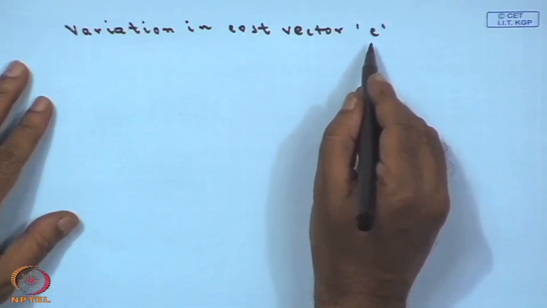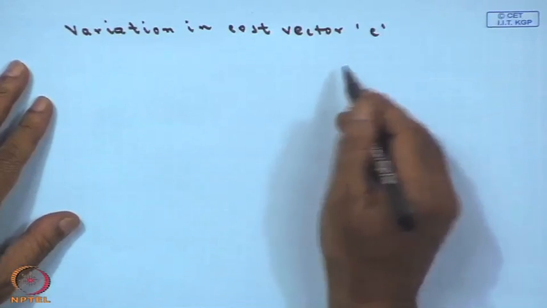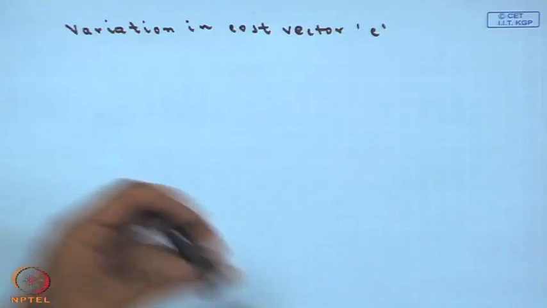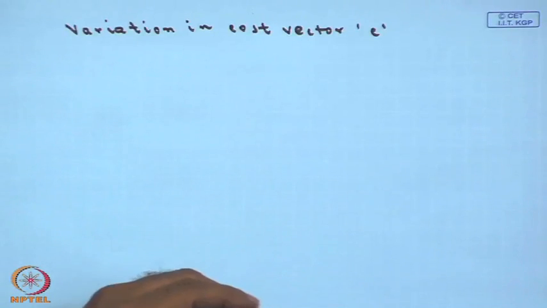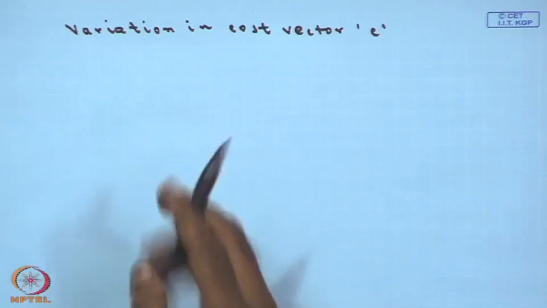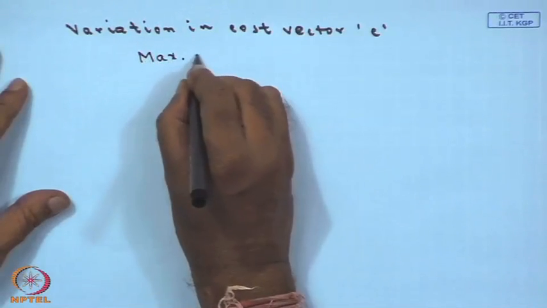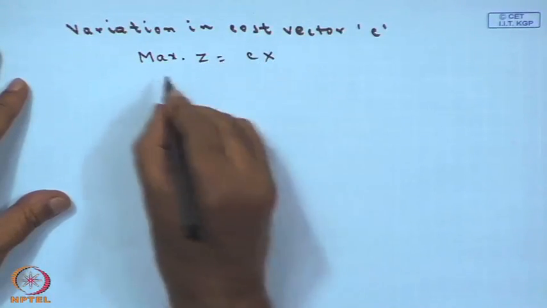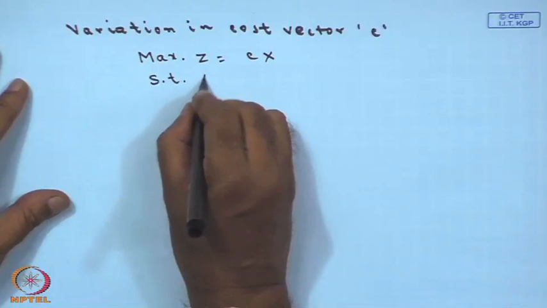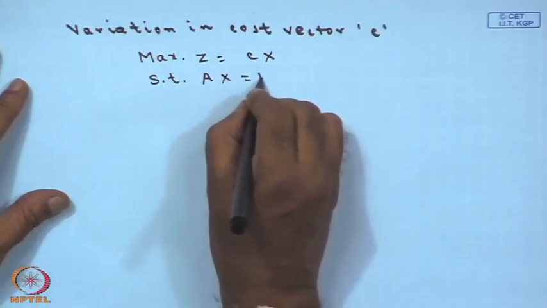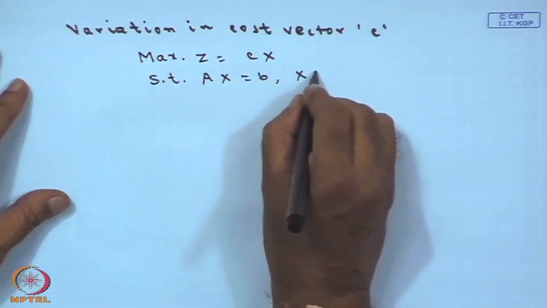If you have a variation in the cost vector, what is the effect? We want to check that part. So let us see: maximize z equals Cx subject to Ax equals b, x greater than or equal to 0, which we have written in the canonical form.